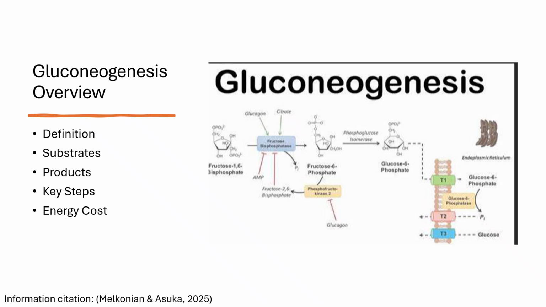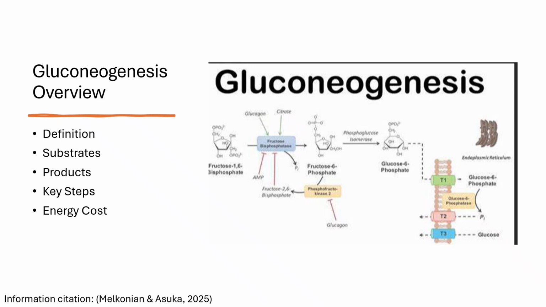Oxalacetate is converted into malate or aspartate. This conversion allows the substance to exit the mitochondria. Once out of the mitochondria, the malate or aspartate is converted back into oxalacetate in the cytosol. This step is induced by glucagon and suppressed by insulin.